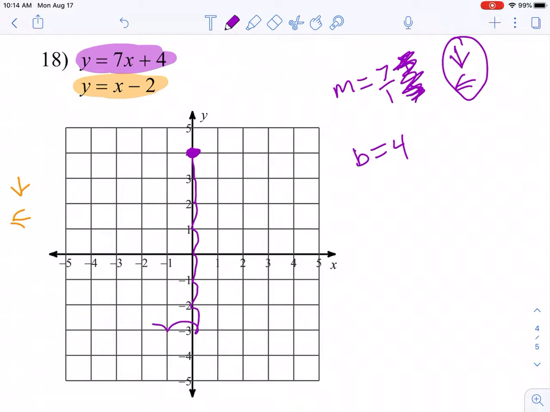Left 1, just 1. So down 7, left 1. That's the only place on the graph I have room to put that point. Again, I don't have a ruler. It's kind of hard to do on the iPad, so my lines might be a little bit off, but that's why the points are so important.